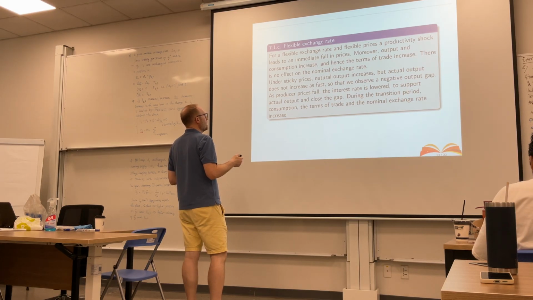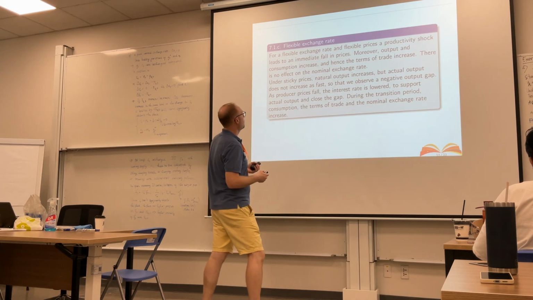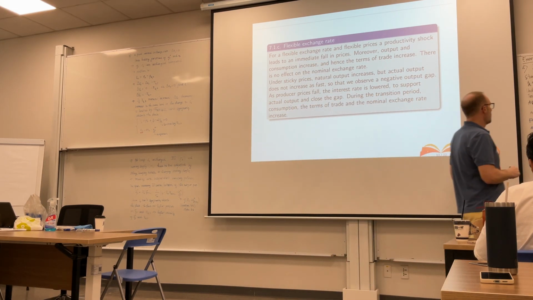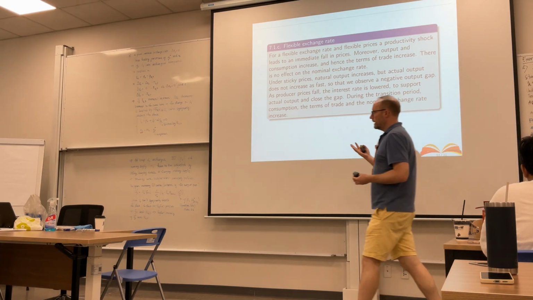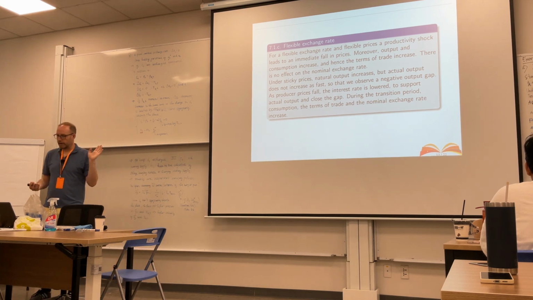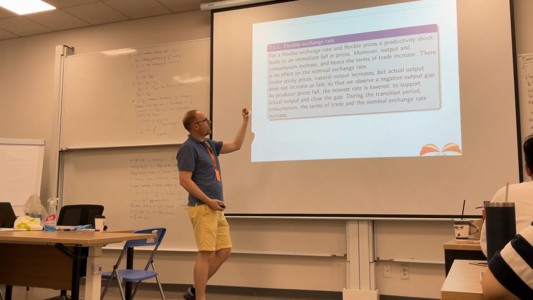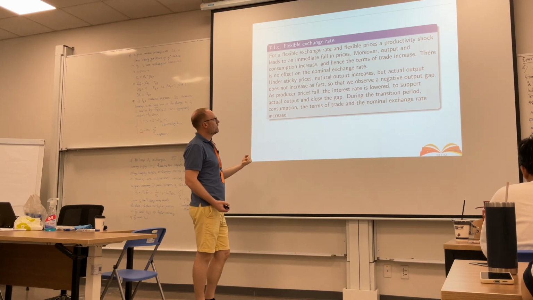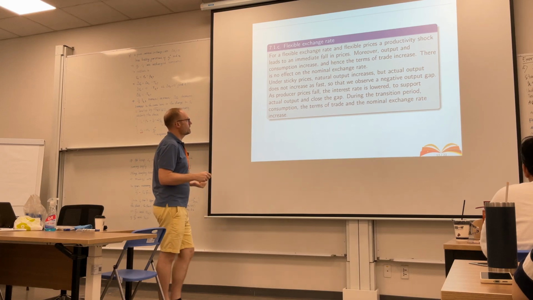But under sticky prices, our natural output increases. This would be before. Our natural output is going to increase. Now the same Newtonian logic comes in, so we have this baseline natural output rate, but our actual output is not going to rise as fast. So let's give this a negative output gap, which is going to lead producers to want to drop their prices.